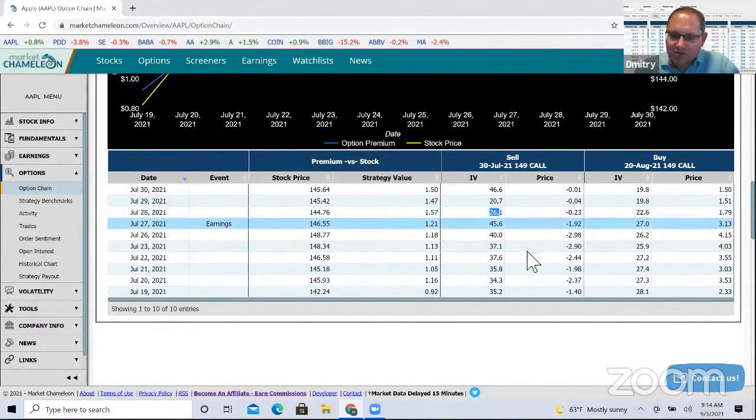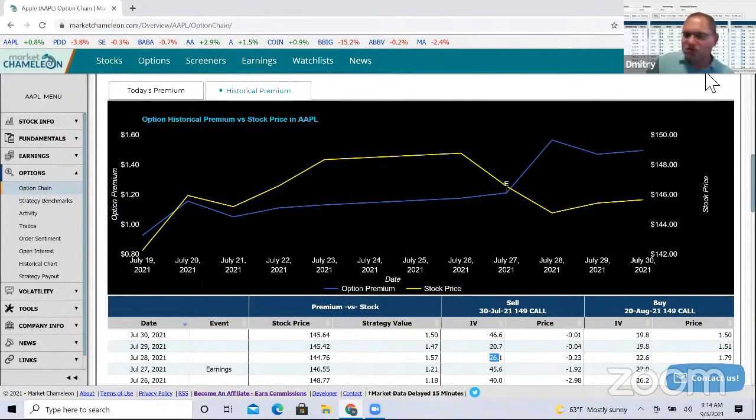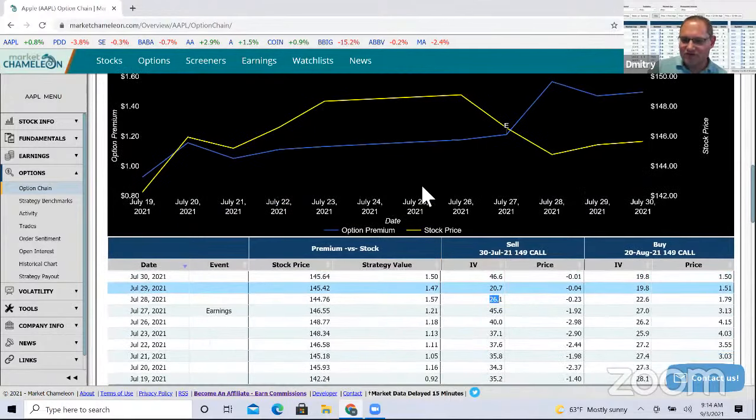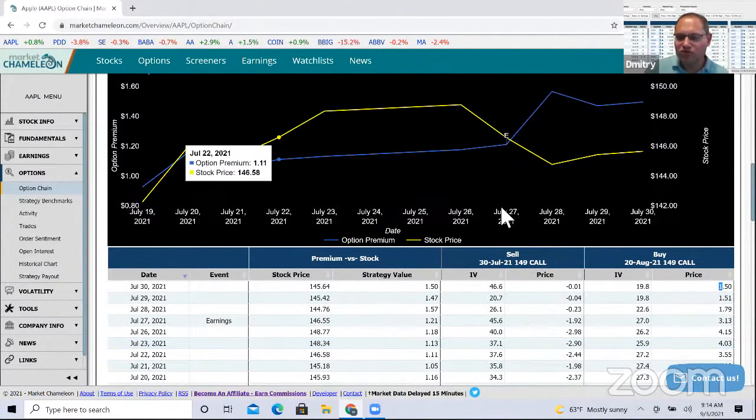You could see it, but there are only so many lines you can plot on a chart. If we plotted every single one of these, you'd have 1, 2, 3, 4, 5, 6 lines all over the place.